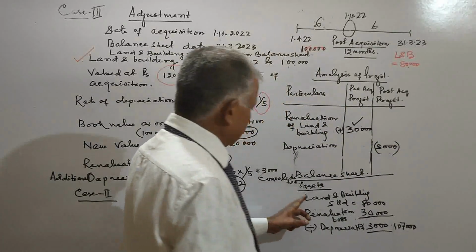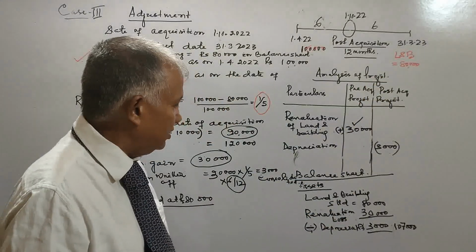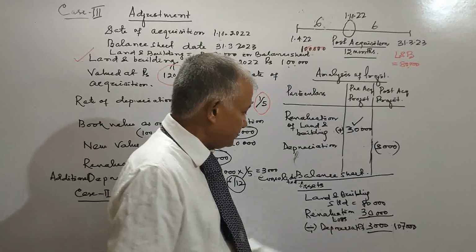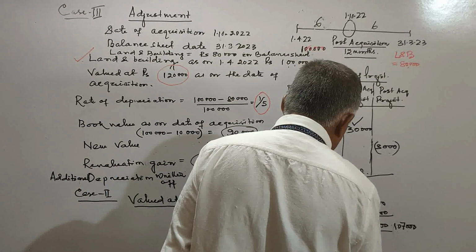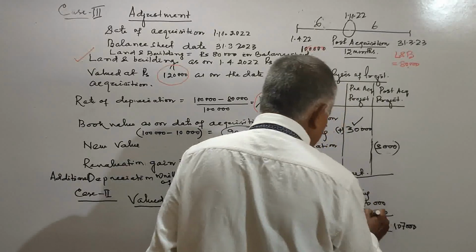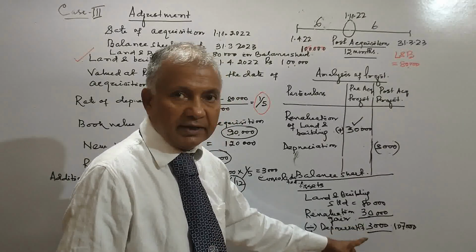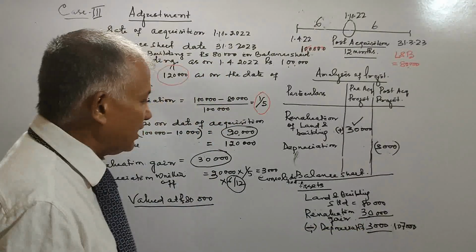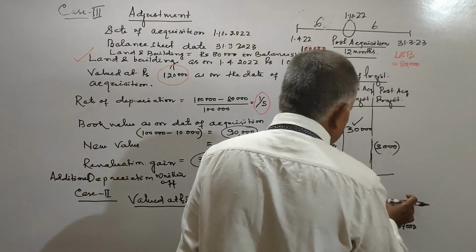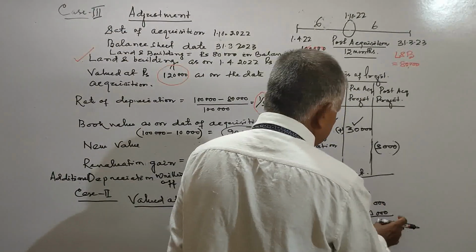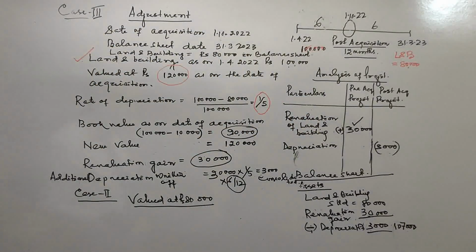And in the consolidated balance sheet, land and building is taken as 80,000, revaluation profit, or you can say revaluation gain 30,000, total 1,10,000 minus depreciation 3,000, 1,07,000. Alternatively, friends, we can write 1,10,000 straight, depreciation 3,000, it will be 1,07,000.